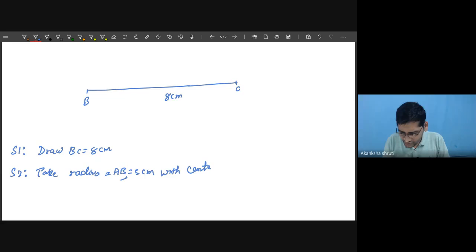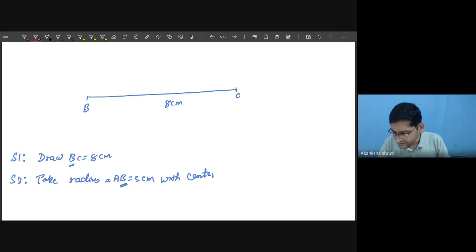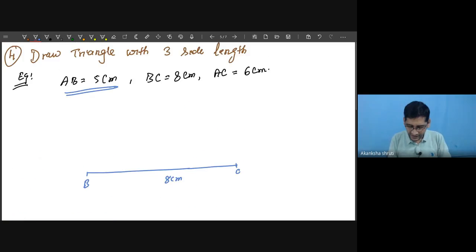Here B is coinciding with this B, so with center B. Now with this center B you will draw a circle. Yes, this is the circle, meaning one of the arcs where it is going to cut, simply like that.